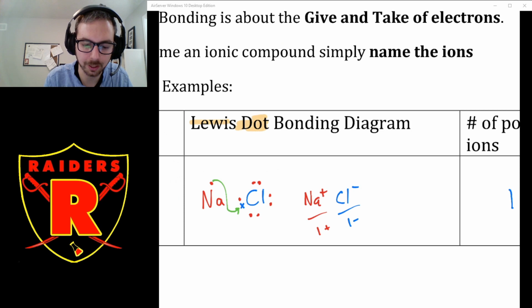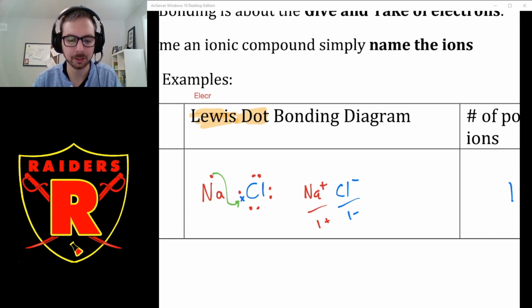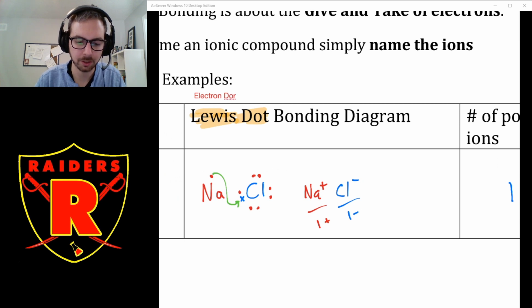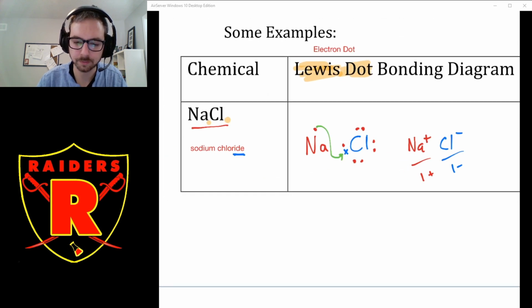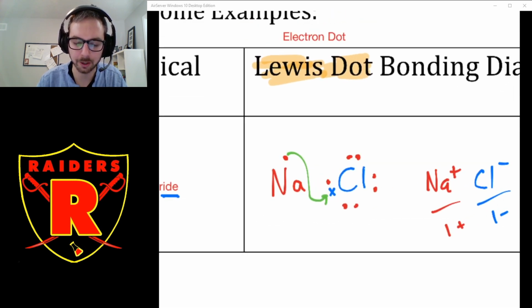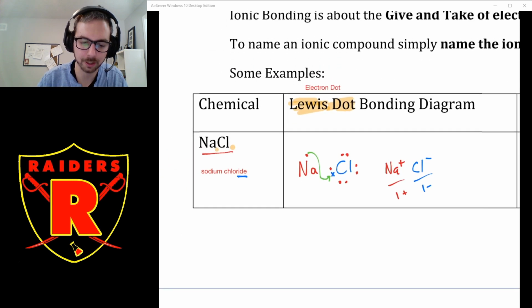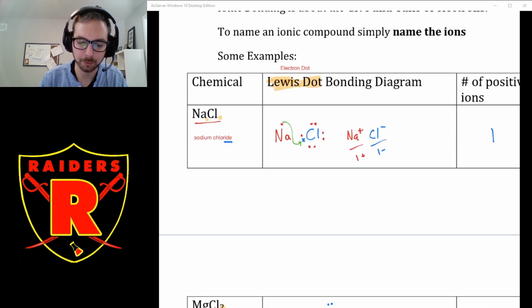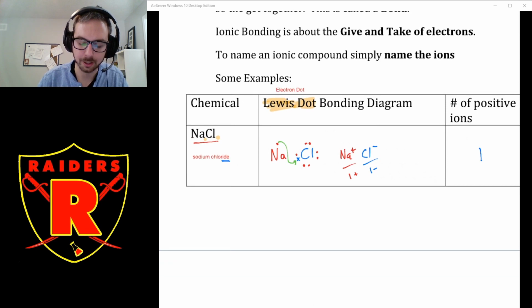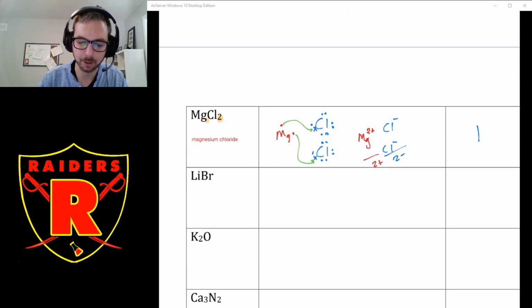It's also called an electron dot diagram, a bonding diagram. And you can use that just to show how a metal is going to bond with a nonmetal in an ionic bond. So we can come back to those diagrams later when we talk about different types of ionic bonds.